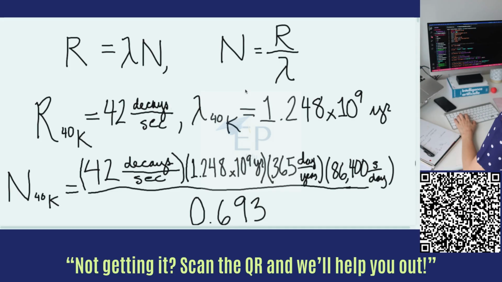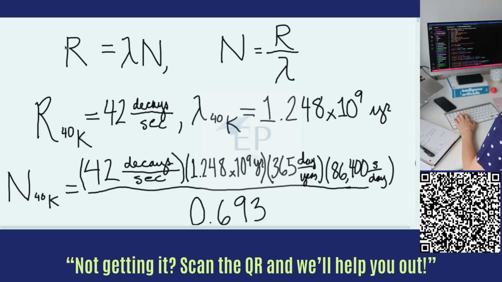We can go to Appendix B and look up the decay constant for potassium-40. You'll find that the decay constant is 1.248 times 10 to the 9th years.